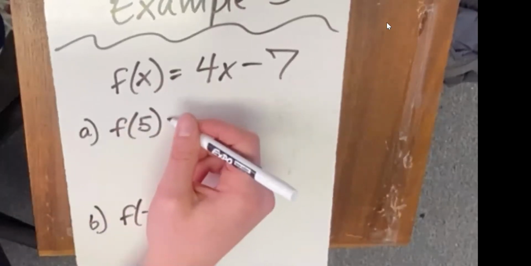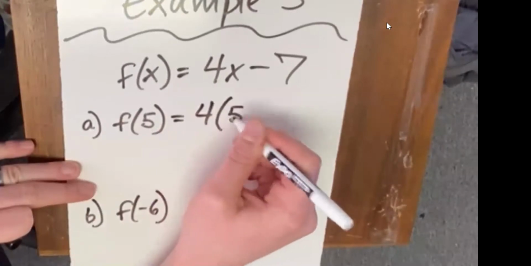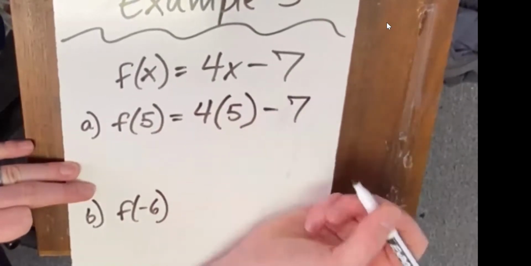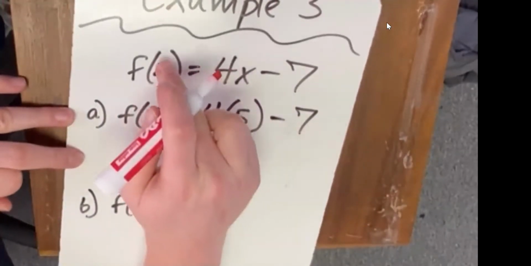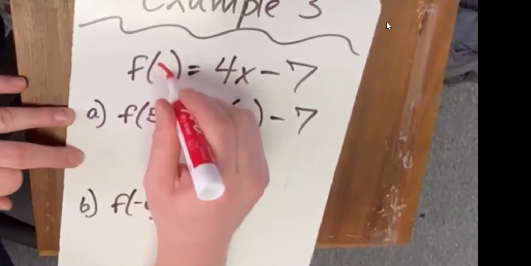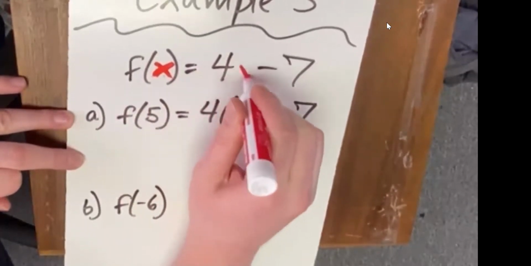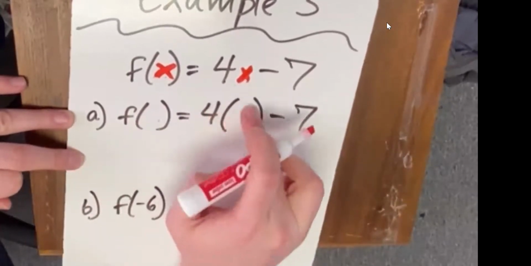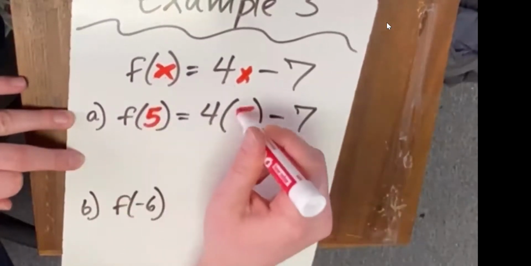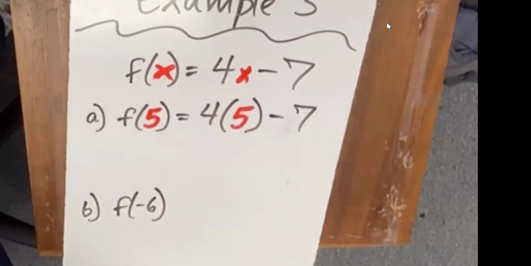So we are going to do 4 times 5 minus 7. See what we did there? I'm going to circle what we just replaced. For our x right here and our x right here, we replace those x's with the 5s. That's all we're doing here.